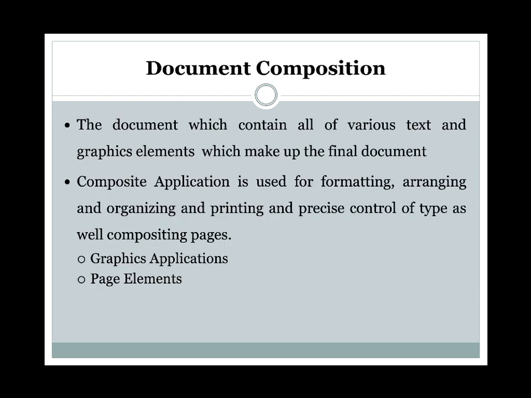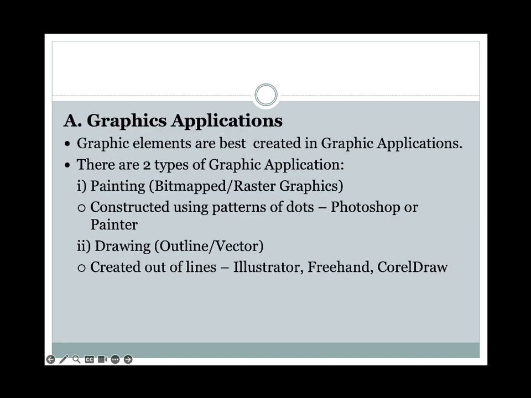The next stage is the document composition, whereby it is used to format your content, especially in terms of arranging and organizing, printing and visual control of your document. It consists of the graphic application, and also the page elements. In the aspect of graphic application, you need to consider this kind of information.